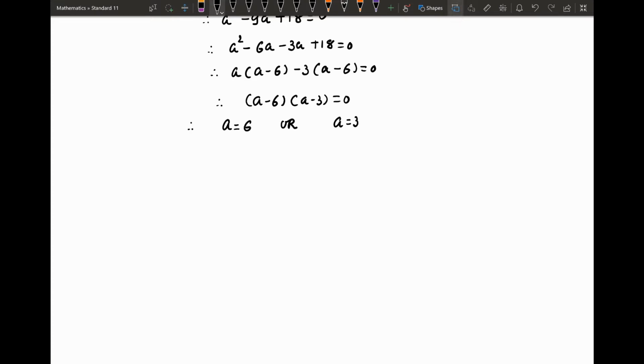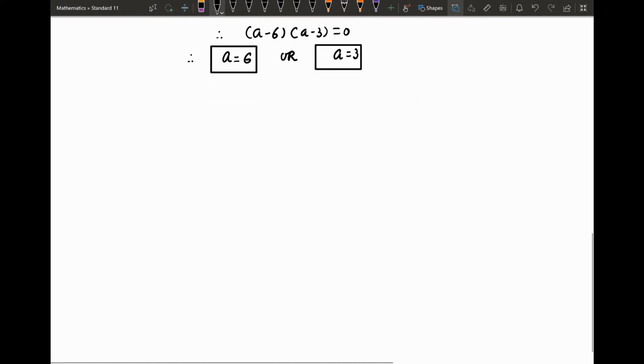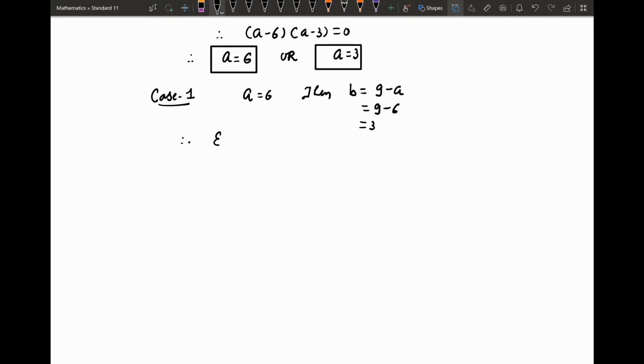So these are the possible values of a, and then we will find corresponding values for b. Case 1, a equal to 6, then b equal to 9 minus a. So 9 minus 6, that is 3, and therefore equation of line is x by 6 plus y by 3 equal to 1.